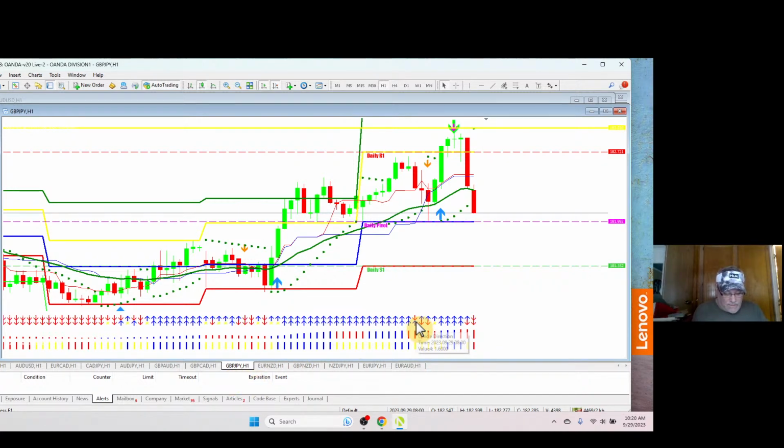Let's see. Let's look at the dollar yen. 149.40.